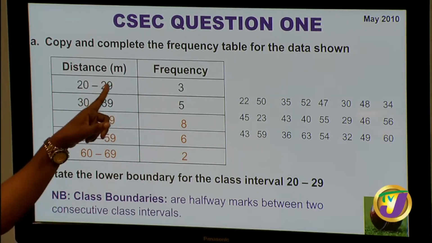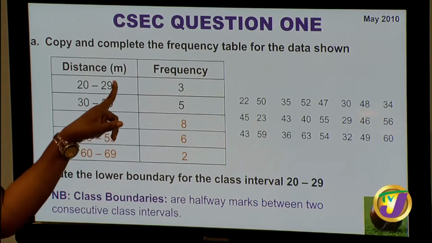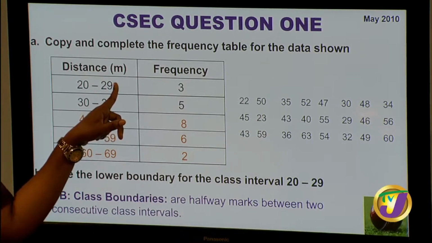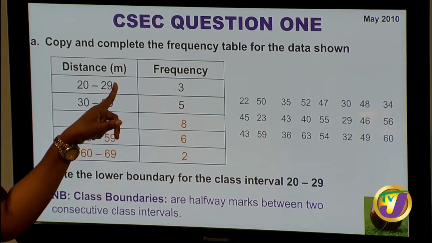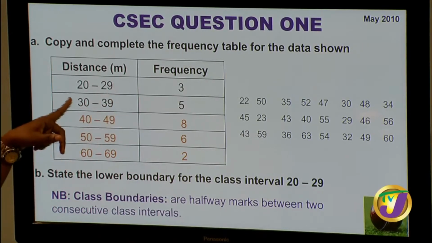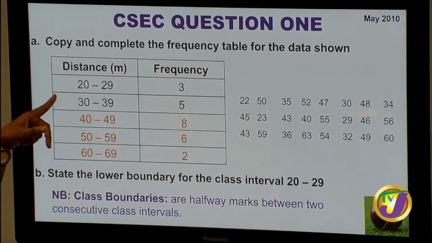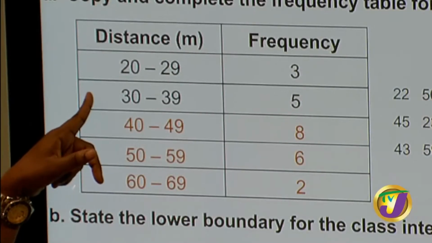So I should take 0.5 more on this 29. And that would give me my upper boundary for this class, because it's at the higher end of the class interval. And here we would get the other 0.5, so I'm stepping it down to 29.5.